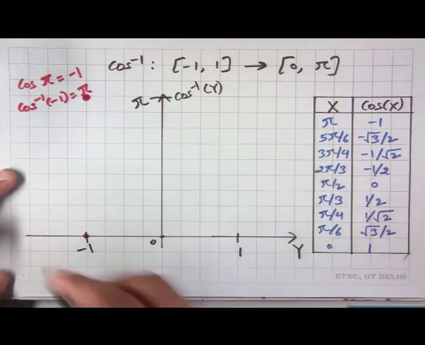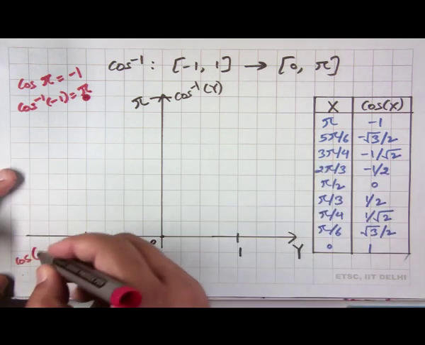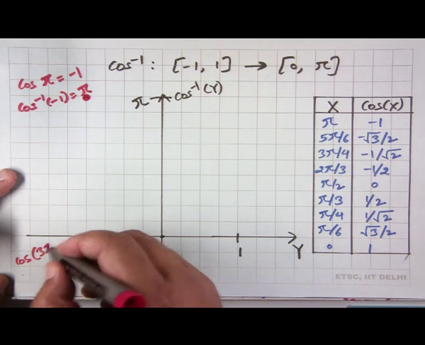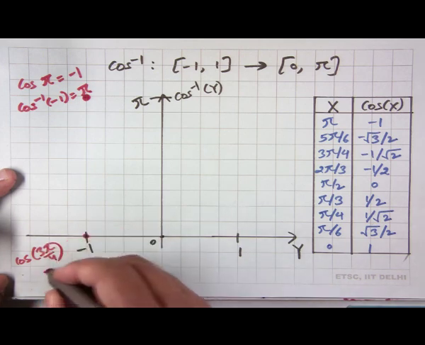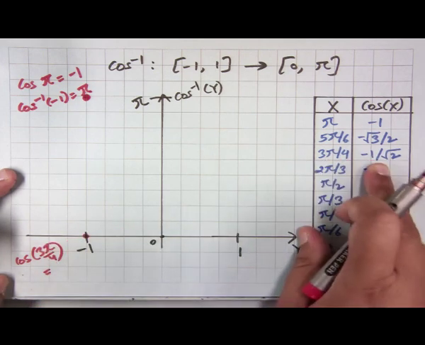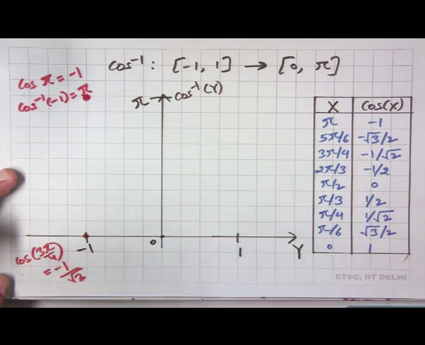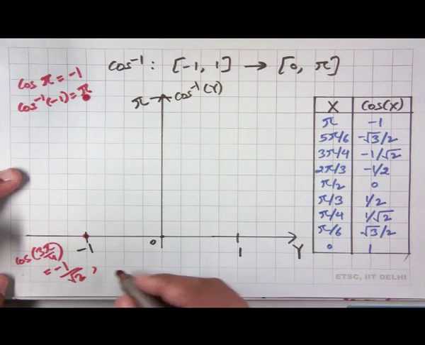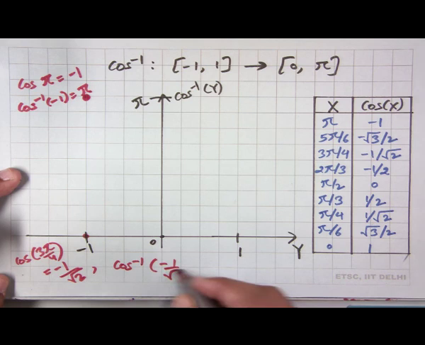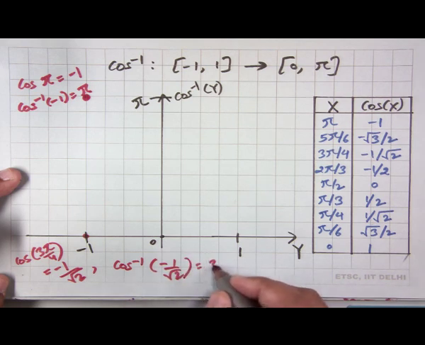Okay. And then let us take cos of 3 pi over 4, which is equal to minus 1 upon square root of 2, and from here what we get is that cos inverse of minus 1 over square root of 2 will be equal to 3 pi over 4.